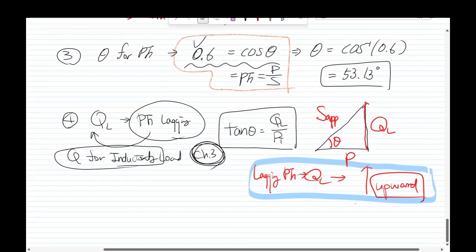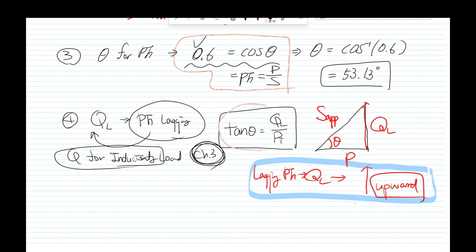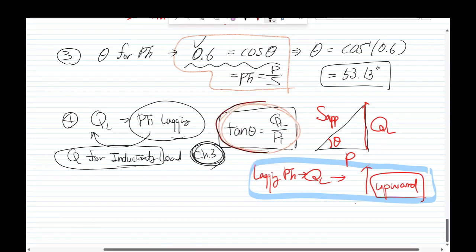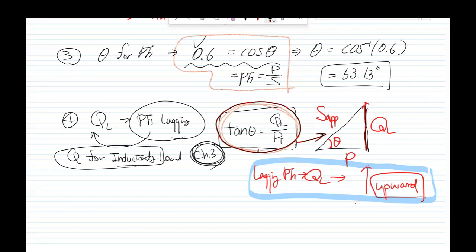So this is why the tangent of theta has this relation. Q sub L over P is the tangent of theta.